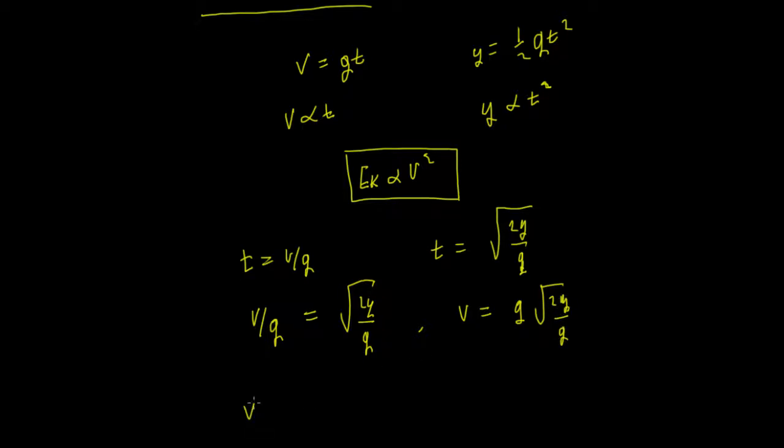So then you can say that v equals root 2gy. Okay, so that's going to give us our velocity in terms of our position.